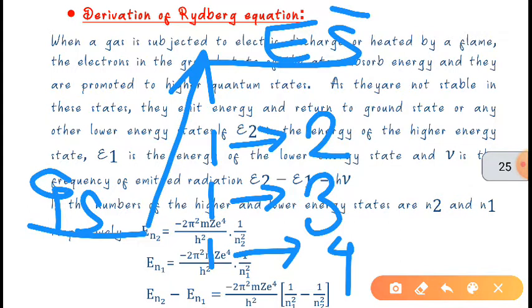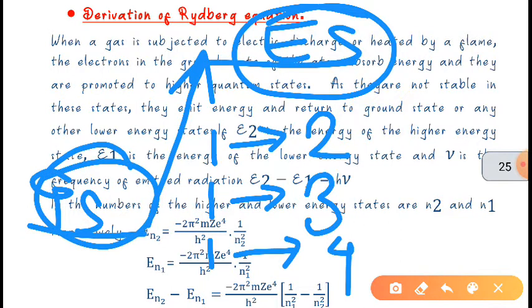Hence it has a tendency to come back to one of the lower energy states, or even the lowest energy level, after a short interval of time. Once it is in the excited state, after some time it will release its energy and come back to the ground state.